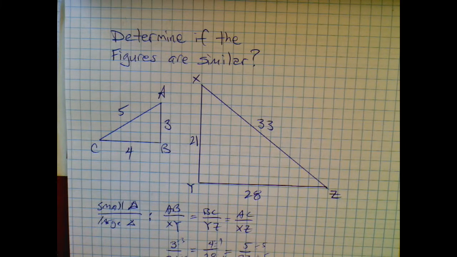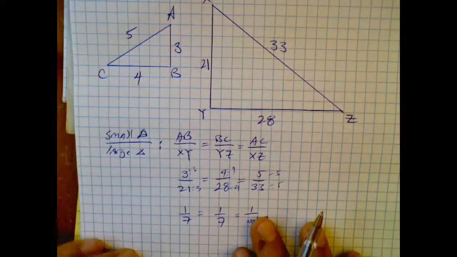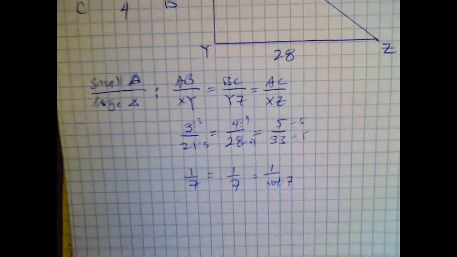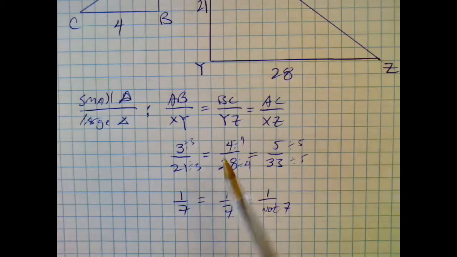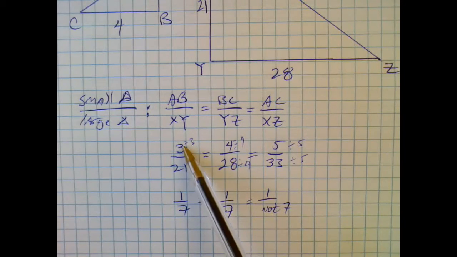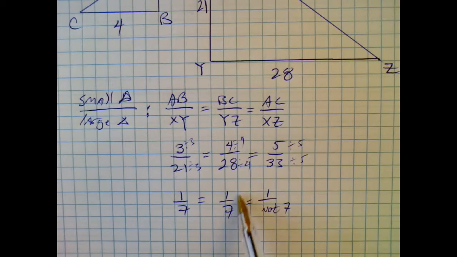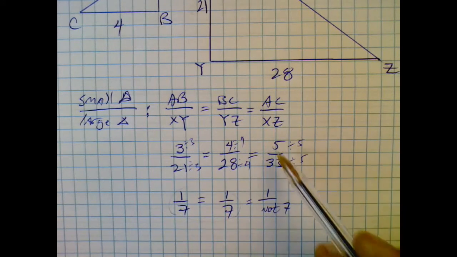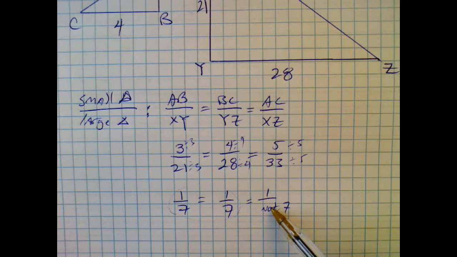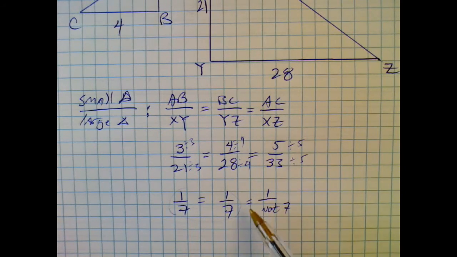So because the ratio of all the sides is not the same, oops, I better move that up. Sorry about that. When I simplified each of these fractions, these first two matched up, so these two sides are proportional. But because this ratio is not 1 over 7, these sides are not proportional.